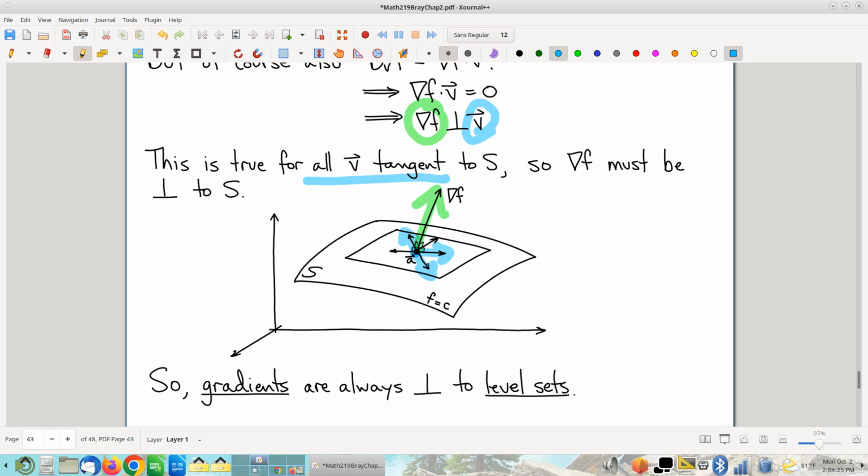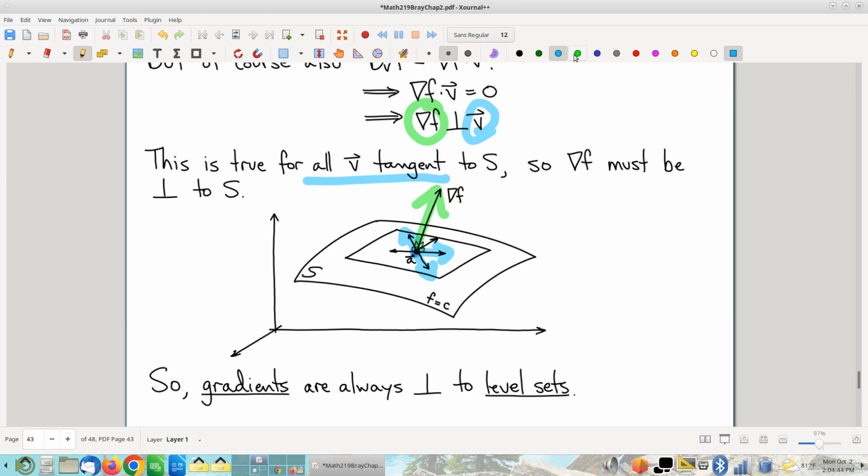And now I make a geometric appeal. If this gradient vector has to be orthogonal to all of the tangent vectors, there's really only one way that's possible, and that is if the gradient vector is perpendicular to the surface itself. And that's the big punchline.